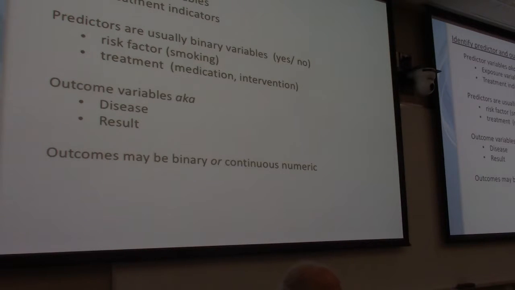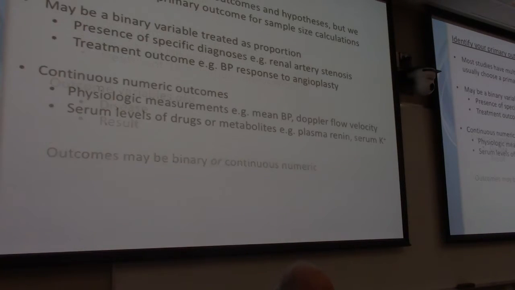Outcome variables, also known as the result or the Y variable or the disease variable, and they can also be binary or continuous. As I mentioned, you need to identify your primary outcome, even if your study has multiple outcomes. We will still choose a primary outcome for our sample size calculation, and again, it can be binary, which we're going to deal with as a proportion.